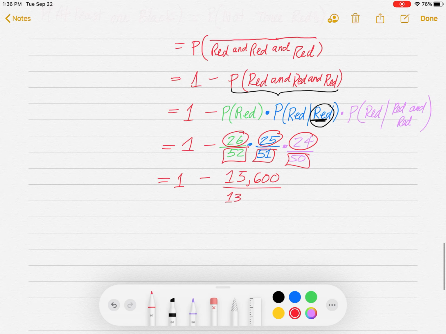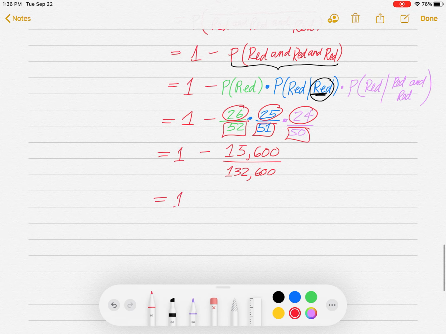That's 132,600. Yep. So we got 1 minus. Okay, let's make an approximately simple here. We're going to do the decimalization of our fraction. Let's take 15,600 divided by 132,600. Our calculator, get a decimal.